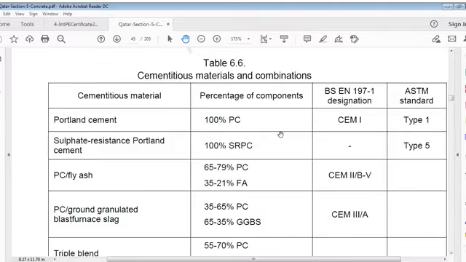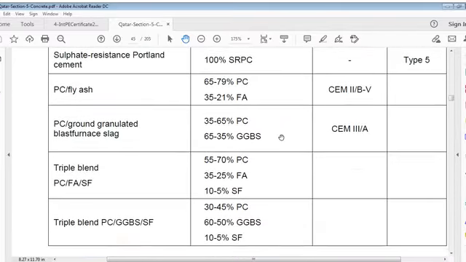Now PC with fly ash, which is a supplementary cementing material: 65 to 79% PC and 35 to 21% fly ash.